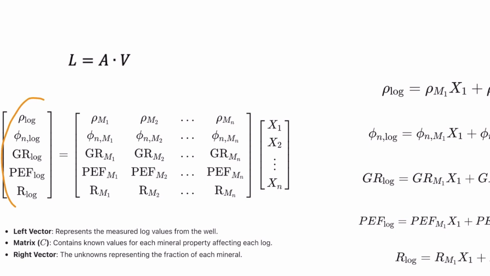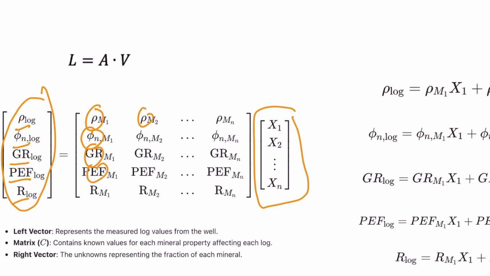In this case, for example, by knowing 5 different logs such as density, neutron porosity, gamma ray, PEF, and resistivity, and by knowing the density of each mineral, the neutron porosity, etc., we can know the mineral fraction of the formation. So this matrix is known, we know this from the well logs, and we can know the volumetric fraction depth by depth.